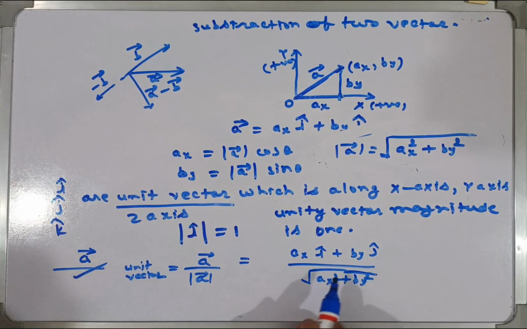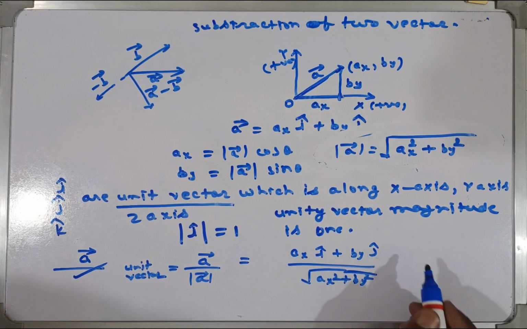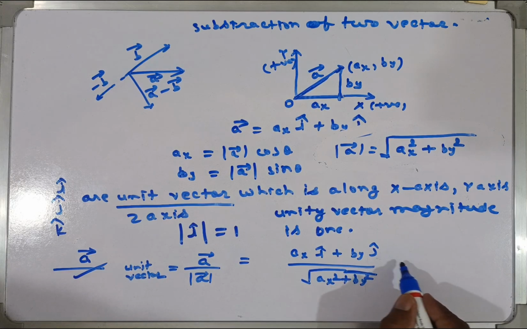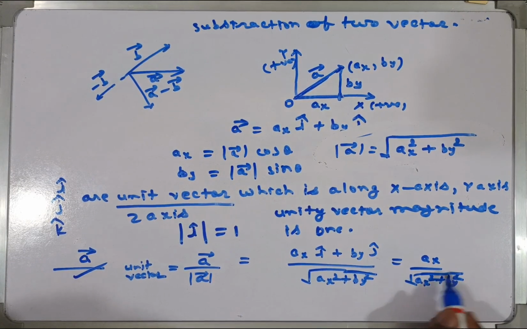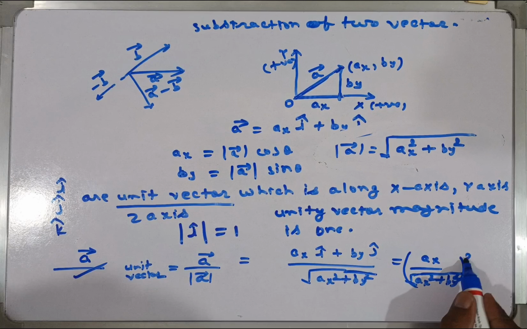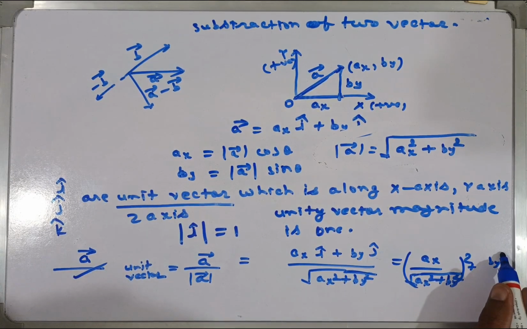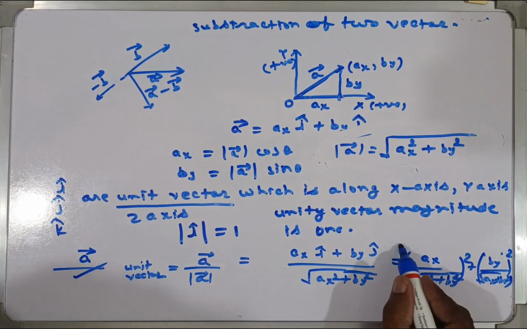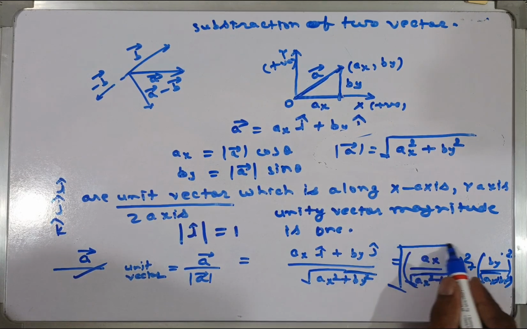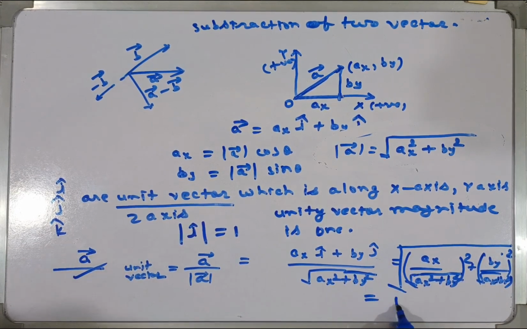Now guys, if you take the magnitude of this one, under root of ax over root of ax square plus by square, whole square, plus by over root of ax square plus by square, whole square, under root equals 1.